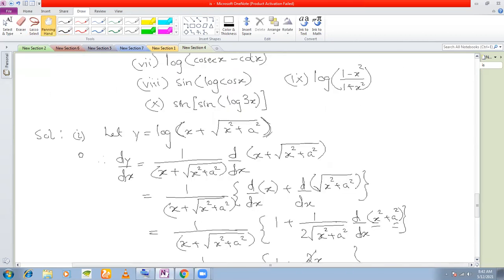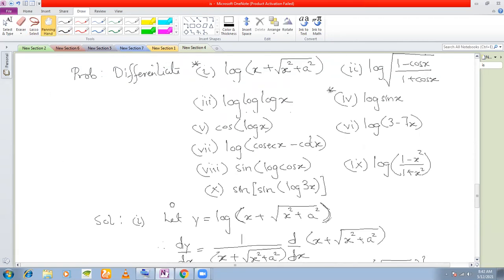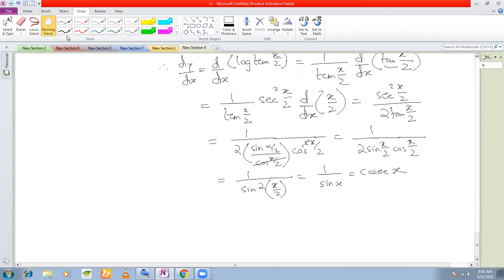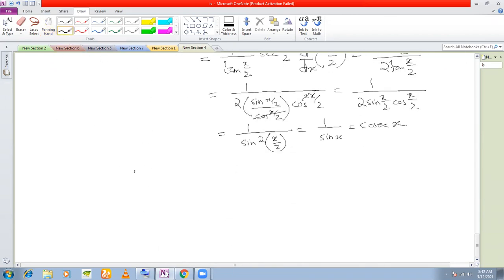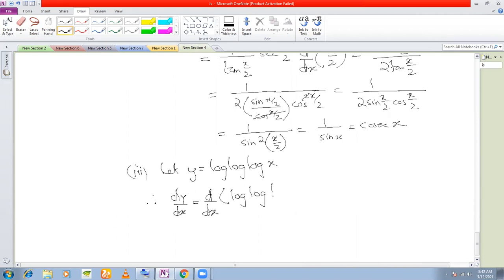Move on to the next one. The next one here is log log x. Differentiate this. dy dx is equal to d dx log log x.